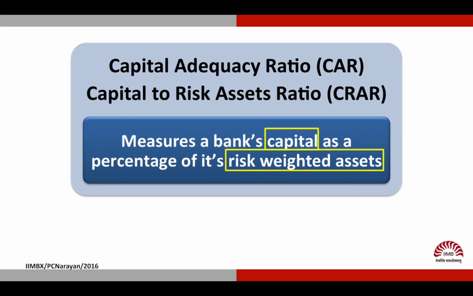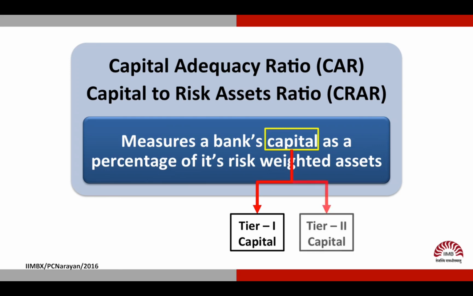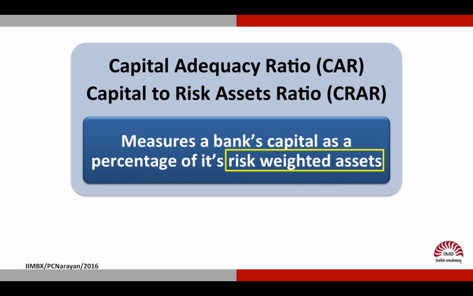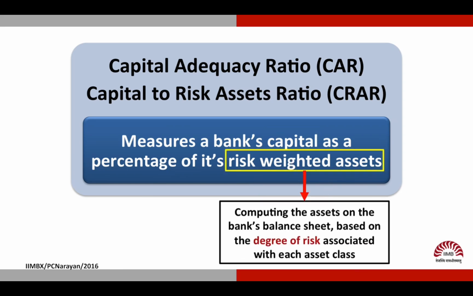Now there are two operating phrases here, capital and risk weighted assets. Capital is classified as tier 1 capital and tier 2 capital, and we will look at that classification a little later. Risk weighted assets involves computing the assets on the bank's balance sheet based on the degree of risk associated with each class of assets.